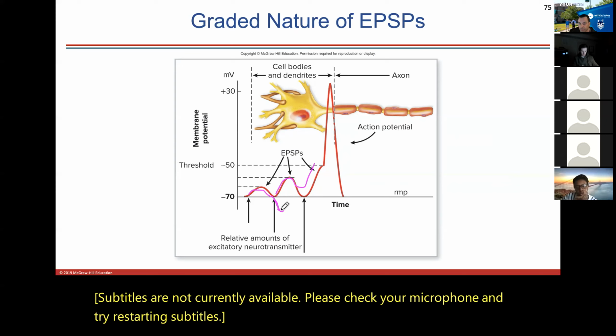And when it starts to repolarize, or starts to get back to threshold, it'll come back up and another inhibitory event can come down here and it can inhibit that nerve again. So if this is an inhibitory postsynaptic potential, it's going to go down.